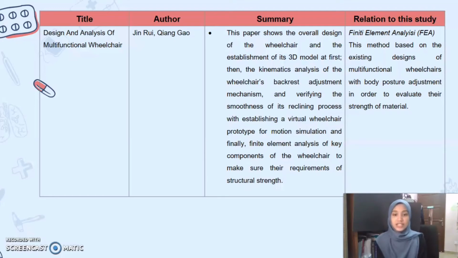Then, the kinematic analysis of the wheelchair's backrest adjustment mechanism can be verified by using finite element analysis. This method is based on the existing designs of multifunctional wheelchairs with body posture adjustment in order to evaluate their strength of material.